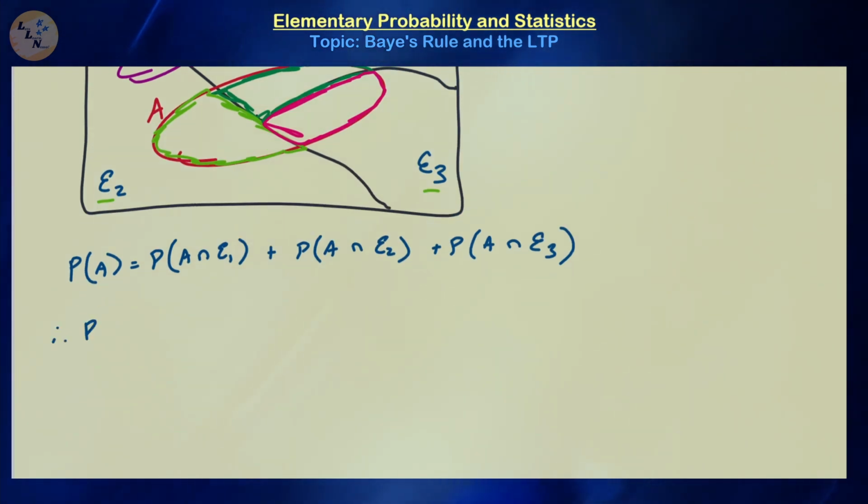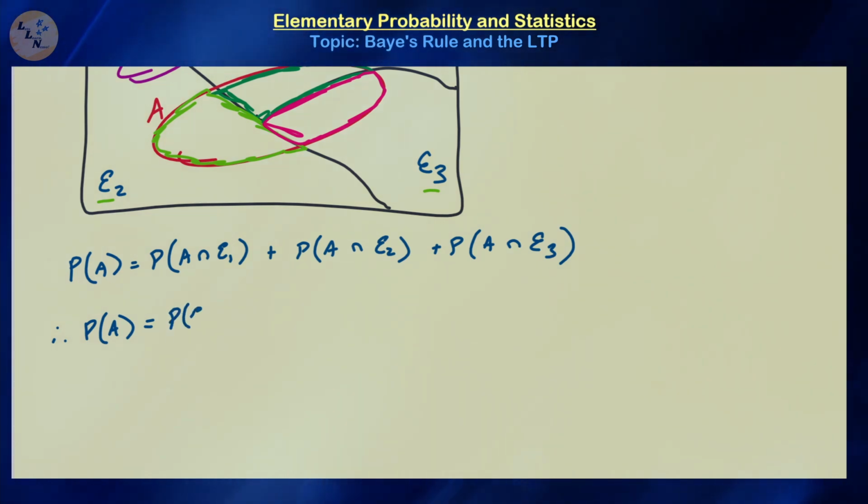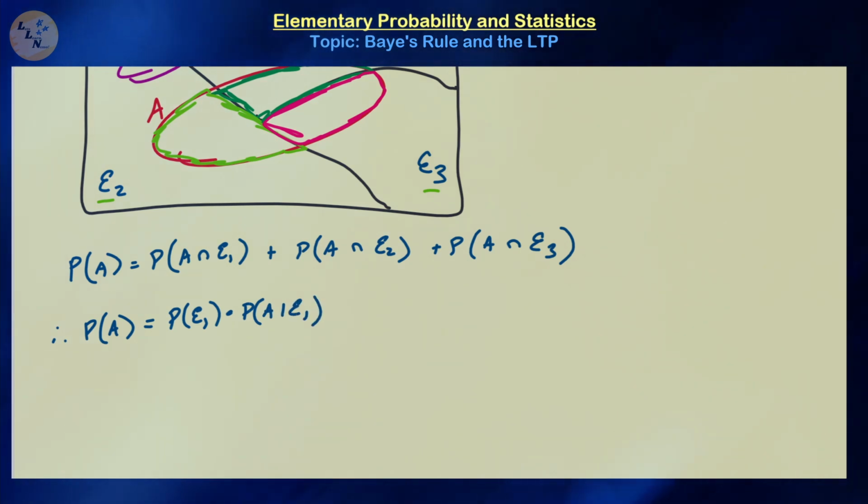Because we can rewrite each of them as, there's two different ways, but the probability of E1 times the probability of A, assuming E1 has occurred. Now, why don't we use the probability of A times the probability of E1, assuming A has already occurred? Well, in that case, we would have to know the probability of A, which is actually what we're trying to find, right? So this is the only conditional representation for this product that makes sense.